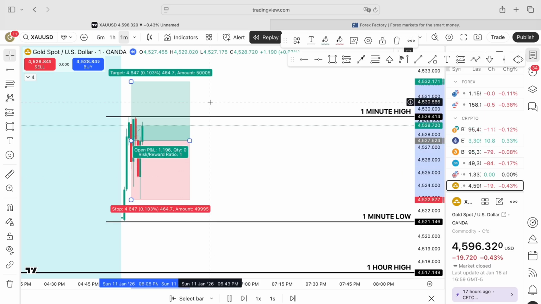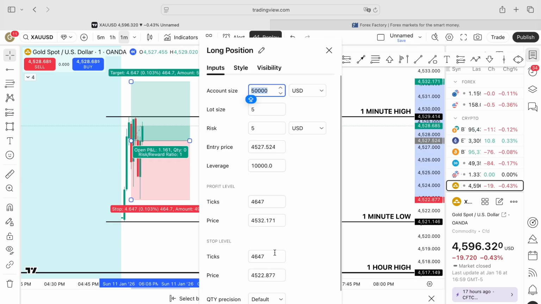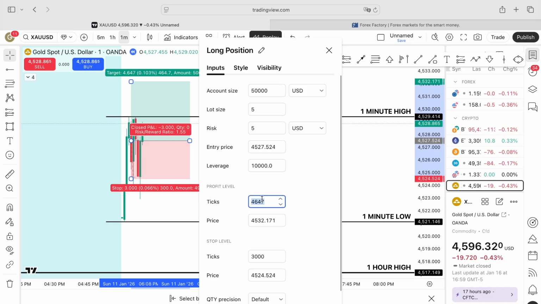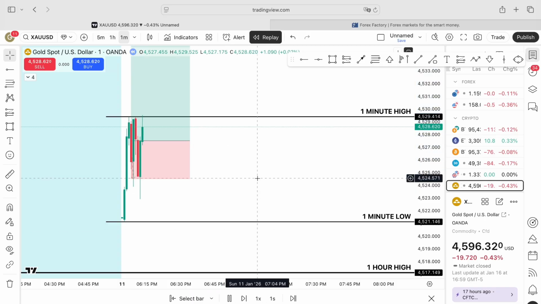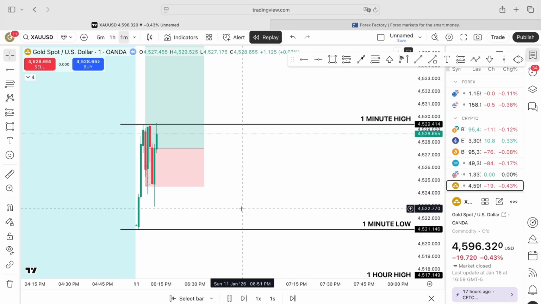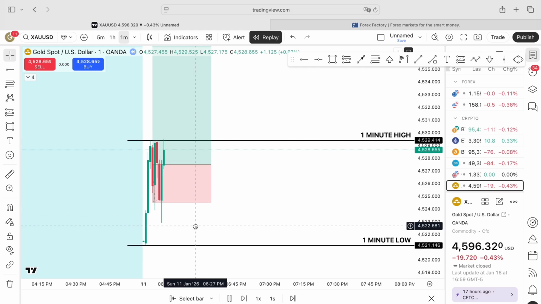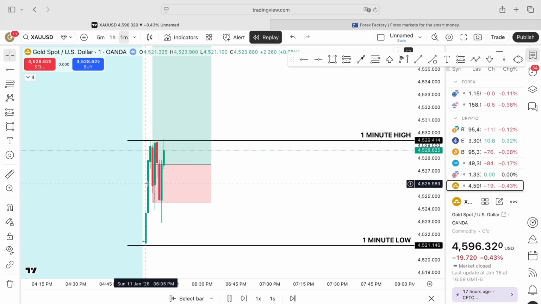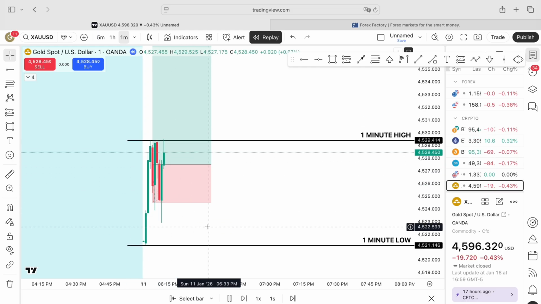Now, in this example, I always aim for a 1 to 3 or a 1 to 5 risk to reward ratio. Now, this is an experienced level trade. For you guys, don't do this because price could still go down.